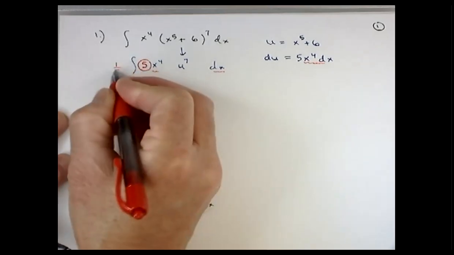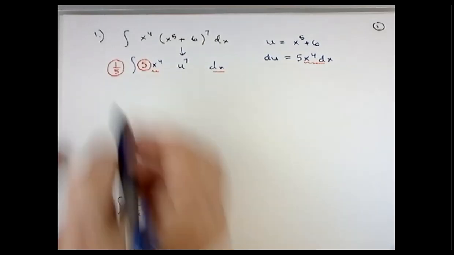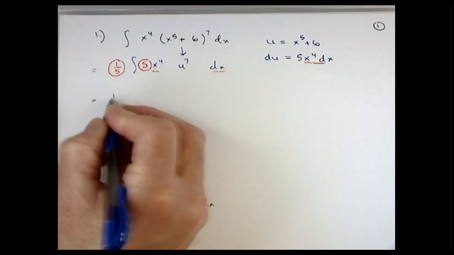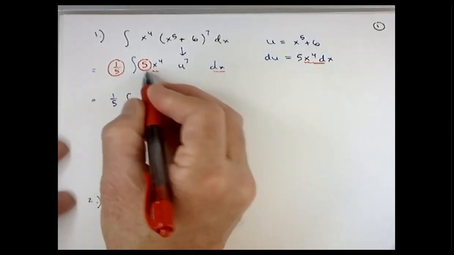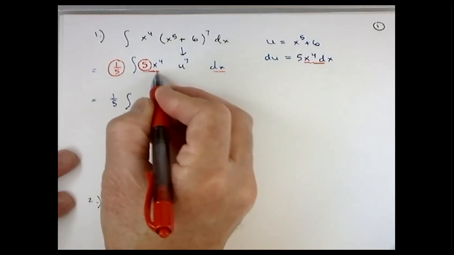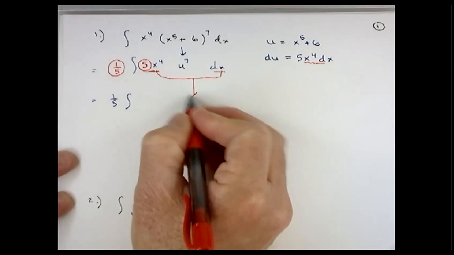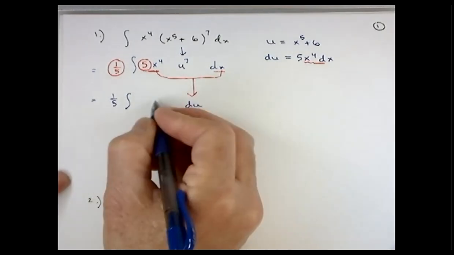And then I compensate outside the integral with a 1/5. And so then the 1/5 will stay there. But then what happens, right, is that this 5, now with the x to the 4th, combined with that dx, is a straight trade-in for du. That equals du.